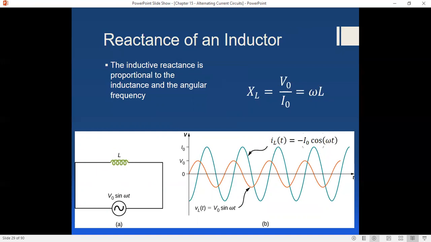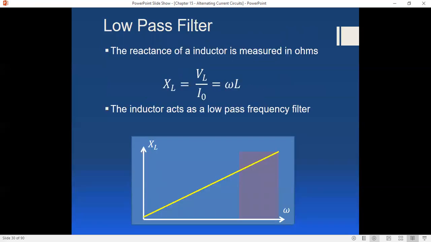So an inductor acts the opposite way a capacitor does: its reactance gets larger with higher frequency. In some ways, we can picture our inductor as letting low frequencies pass, but blocking higher frequencies because the reactance doesn't allow the current.